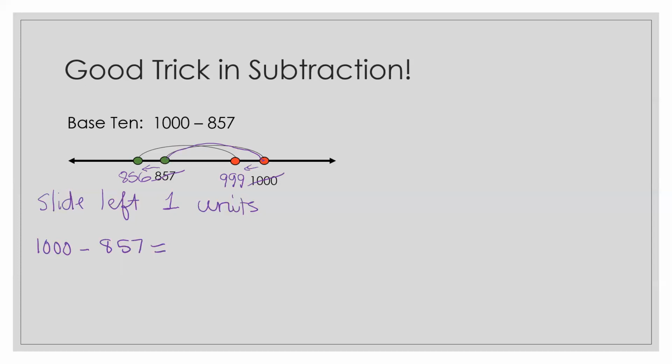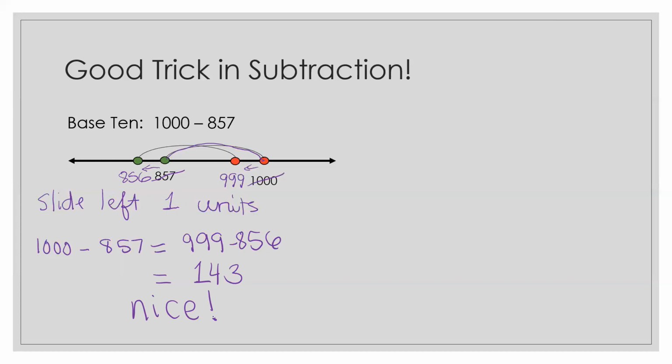So here 1,000 minus 857 is the same as 999 minus 856. No more regrouping. 9 minus 6 is 3, 9 minus 5 is 4, 9 minus 8 is 1, and there is my answer. How nice.